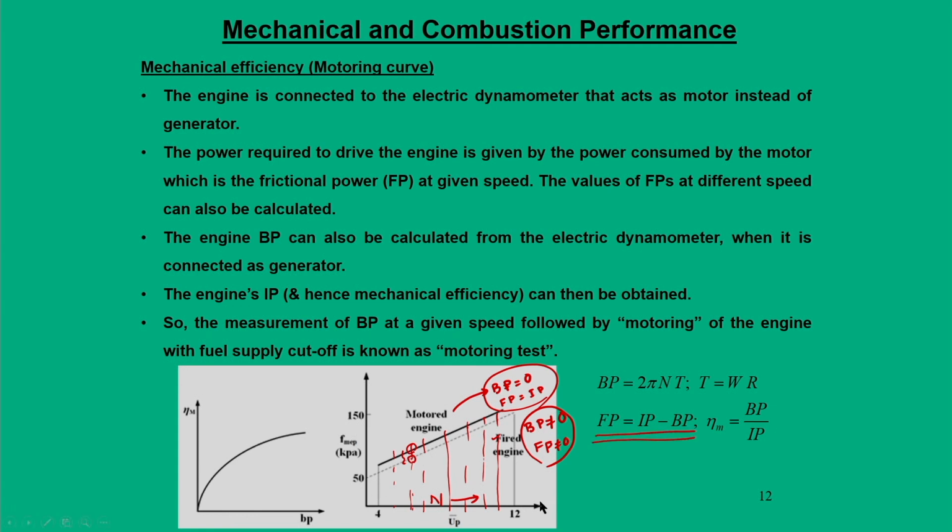This expression can be used for all RPMs. When you do this for all the RPMs, we can estimate the curve of mechanical efficiency versus brake power, which comes in this fashion. It is not exactly linear, it is parabolic in nature. So, this is all about the motoring curve, which shows how you calculate the mechanical efficiency of the engine.